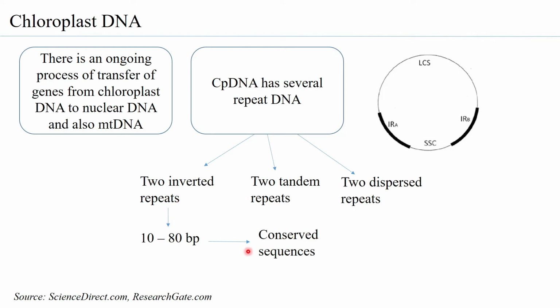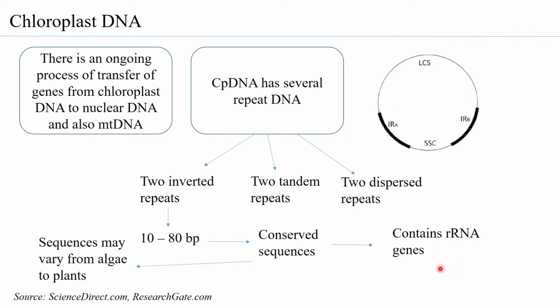They have been observed to be conserved sequences within species. Many of these sequences, that is, the inverted repeats, contain the rRNA genes. So the sequences may vary from algae to plants. So between species, they have been found to be different.